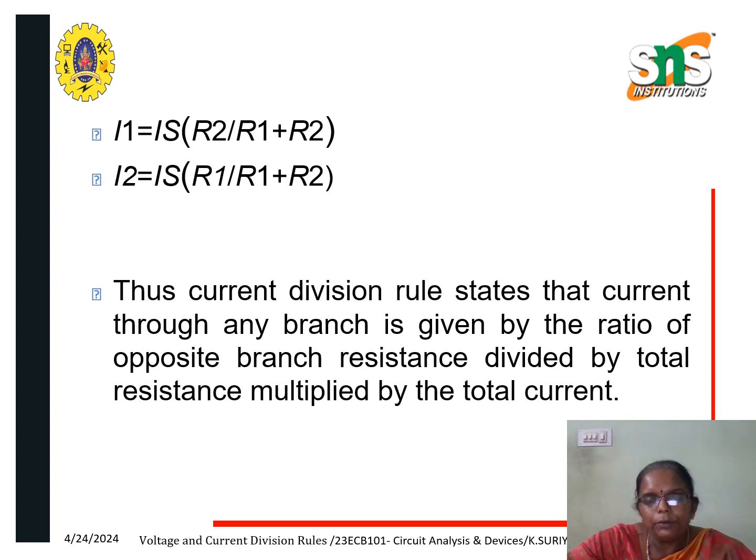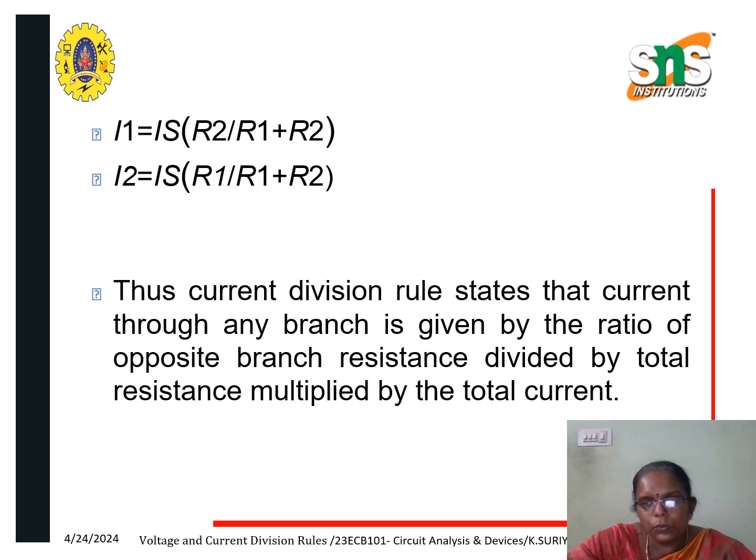So when we want to find the current in a particular resistor, we write the total current into opposite resistance divided by the sum of the resistances. For the current through R1, the opposite resistance is R2. For the current in R2, the opposite resistance is R1.